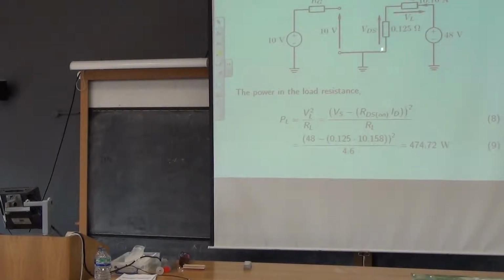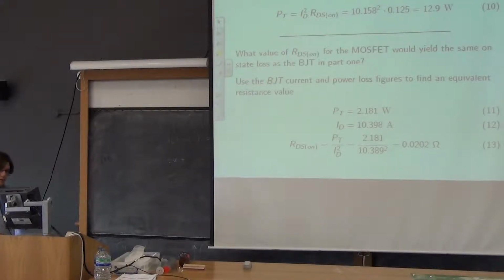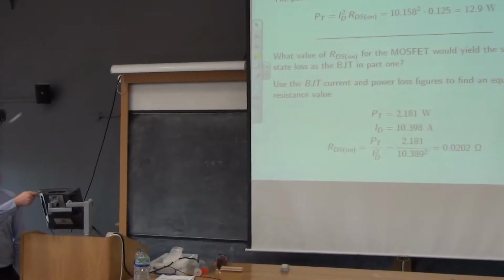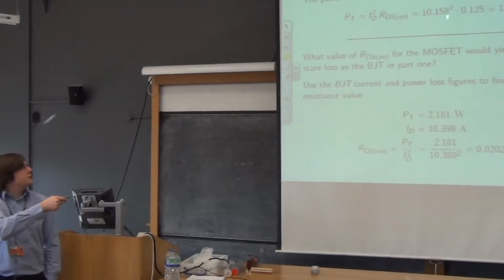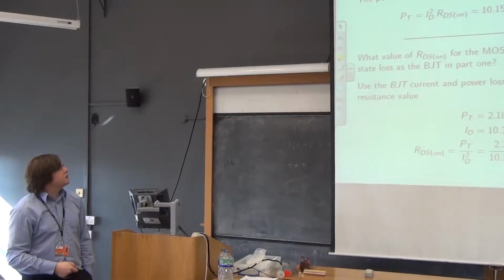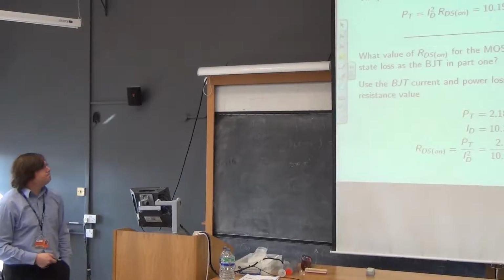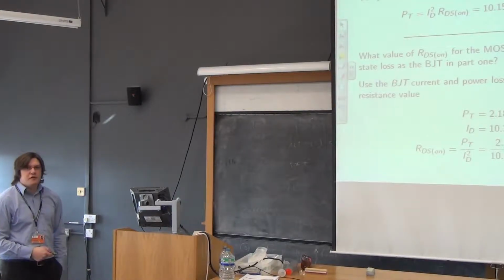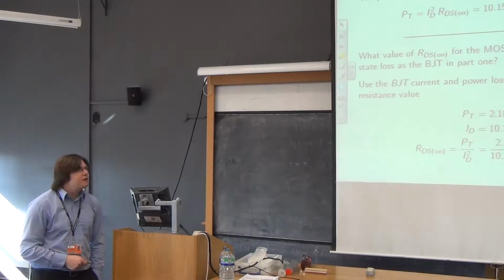So there's a loop here in which ID flows that way, and we're interested in I squared R. Or if you want to, you could work out what VDS is, and then you can multiply it by ID, that would be fine too. So I'm doing I squared R, and its drain current, which is 10.158 amps times 1/8 of an ohm, gives us about 13 watts. So that could be part B, get you another 3 marks.